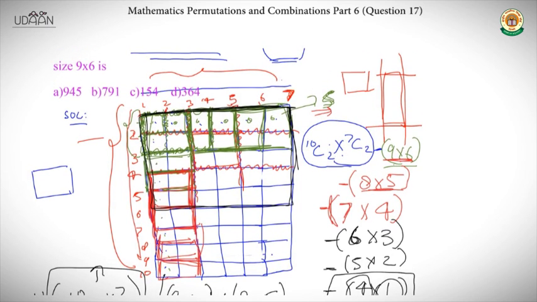So ultimately our job remains to find the number of squares in the 9x6 grid, and we have seen the method of how to find the total number of squares in a 9x6 grid. It can be generalized that if the size in the question were different, we can also solve it. So we have seen how to count the number of squares as well as the number of rectangles in an m cross n grid. So now we'll move to our next question.